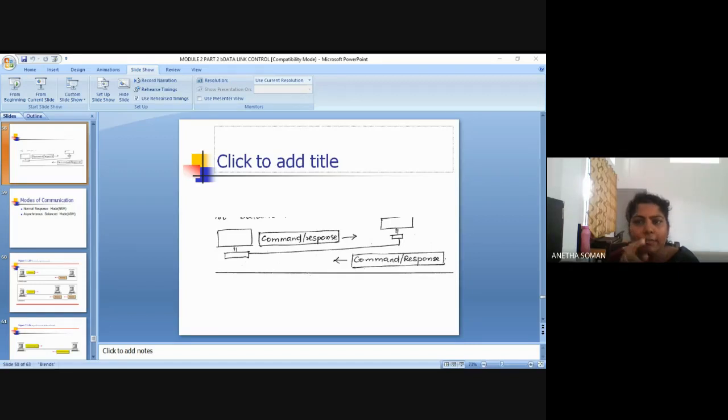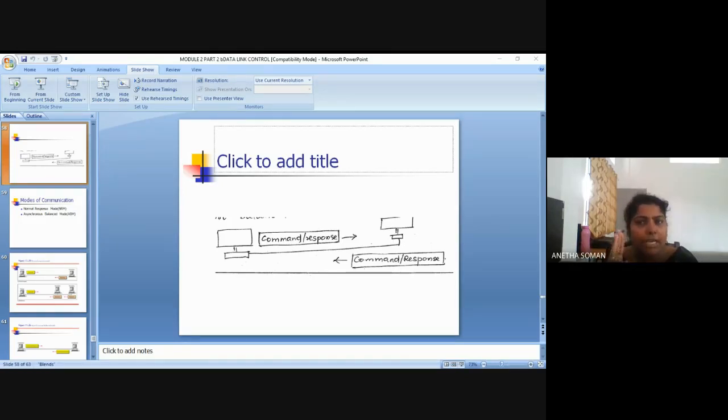You can have three types of stations: primary, secondary, and combined. One is acting as the primary, the other one is acting as the secondary. Primary stations can issue commands, secondary can only respond, and combined can both command as well as respond.